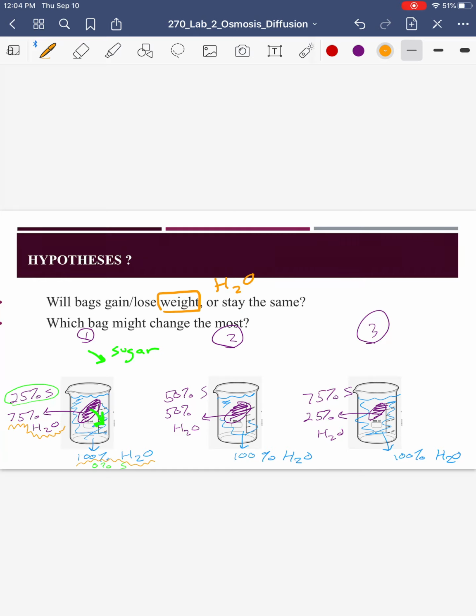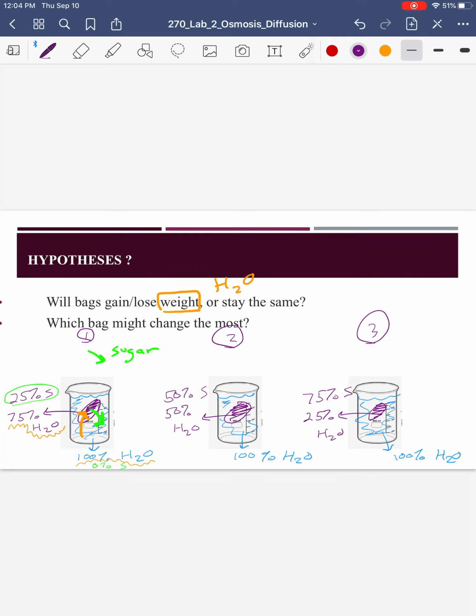So water, just like everything else, is going to move from high to low. So in this case, we have more water outside the bag and less water inside the bag. So water will diffuse in. And if water diffuses into that bag, what do you think is going to happen to the weight of that dialysis tubing bag?